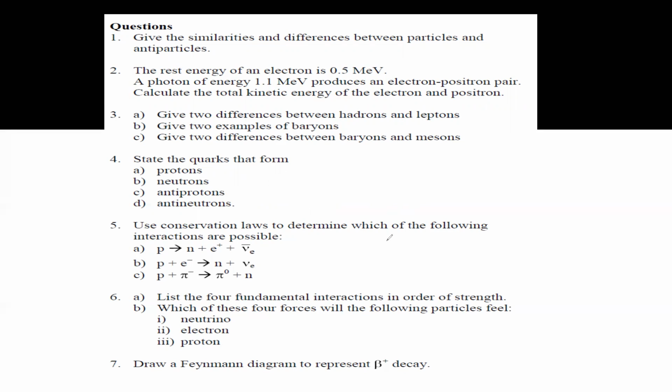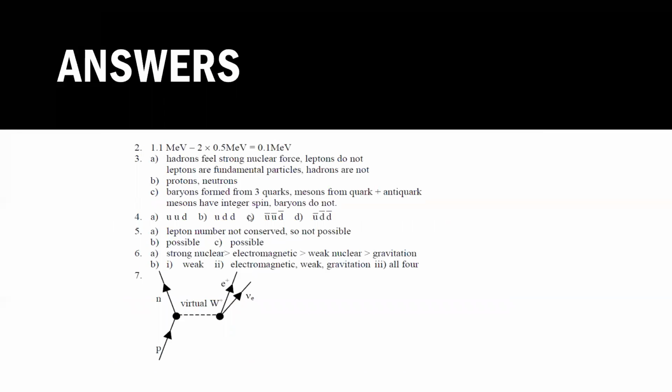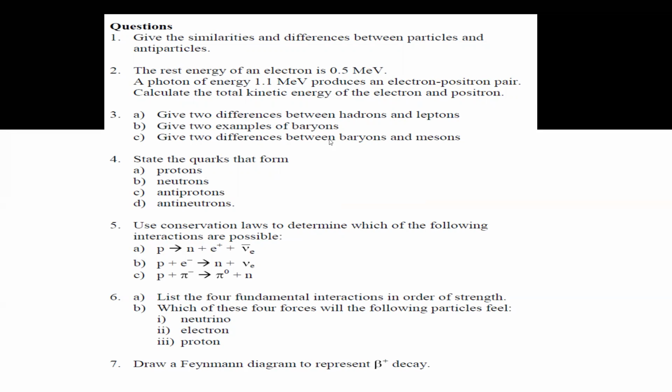Use the conservation laws to determine which interactions are possible. If we check the first interaction, we have to check the charge. B and C are possible, but A is not possible. Why is A not possible?